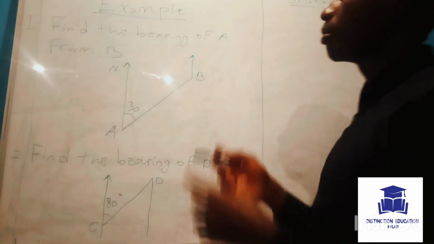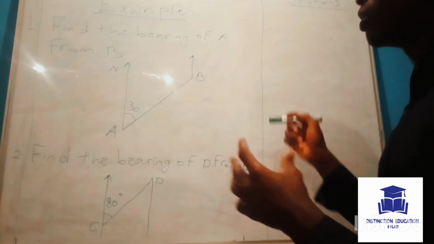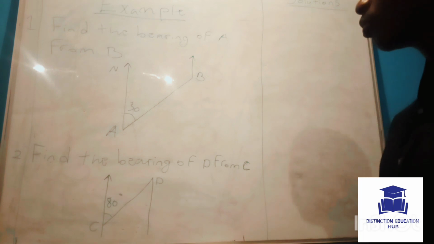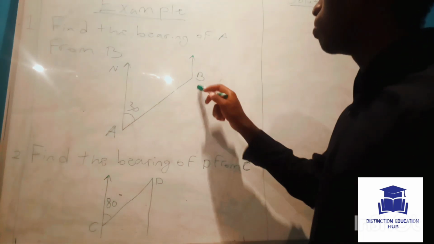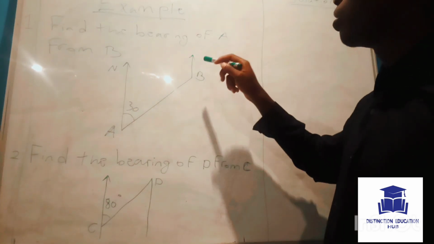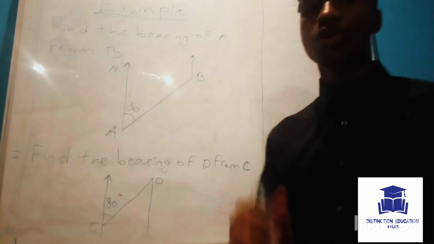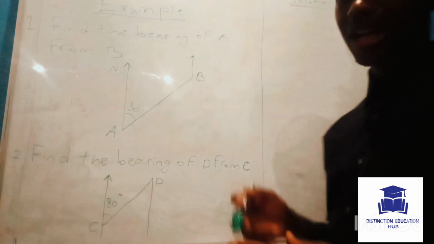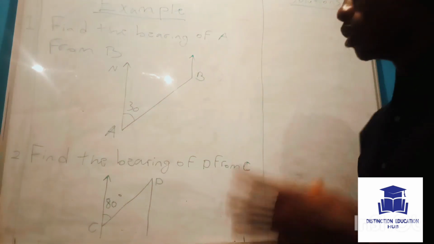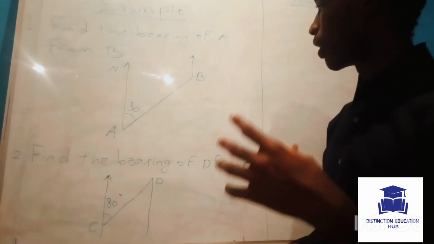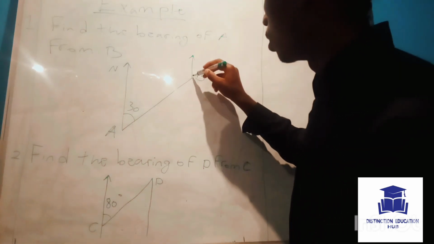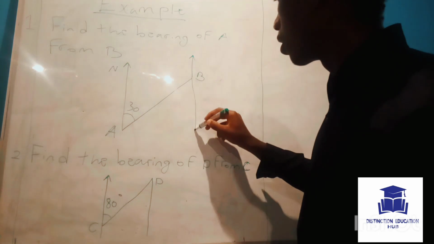Example number 1. Find the bearing of A from B. We have this diagram here. We have A, B. They're asking us for the bearing of A from B. When you're dealing with bearings, you can add certain things on your diagram in order to make your calculations easy. So in this case, you can extend your north line.